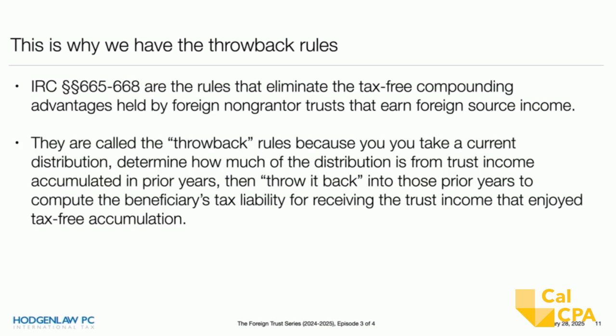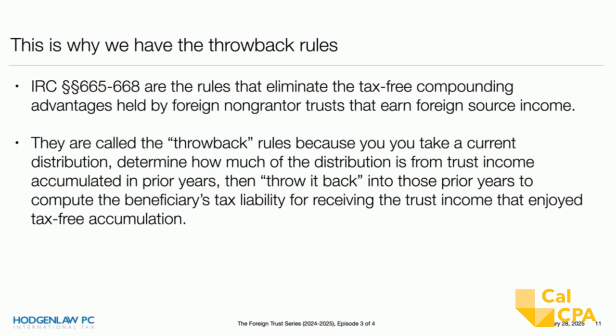But Uncle Sam can certainly tax that income when it is distributed to a U.S. beneficiary. And so the distribution is included in the beneficiary's gross income. And we have these throwback tax rules that apply to that distribution to calculate exactly how much of that accumulated income that was distributed is going to be taxed, at what rate, and what it all adds up to.